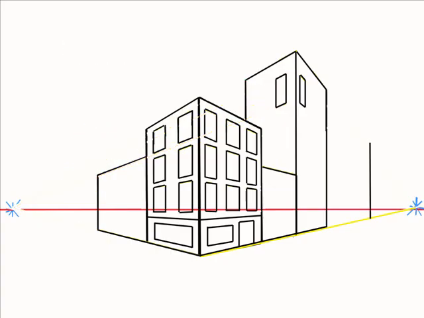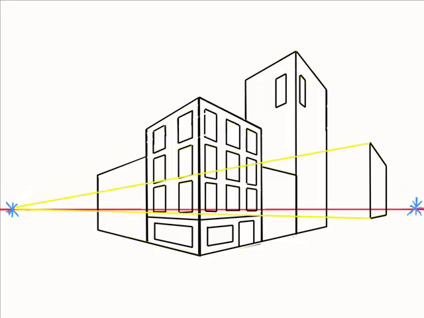Now we're going to make another building further down the street, but we're going to leave a space between this new building and the one we just made. The front of it, once again, lines up to the right-hand vanishing point. But because there's a space, now we're going to see the left-hand side of this new building.